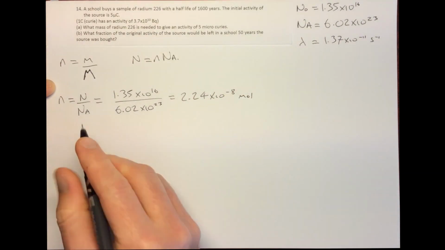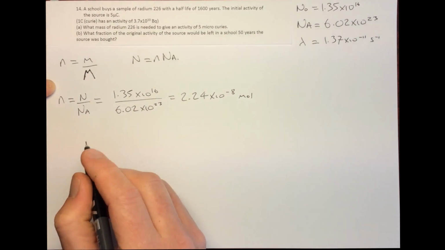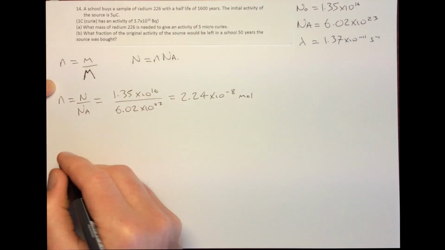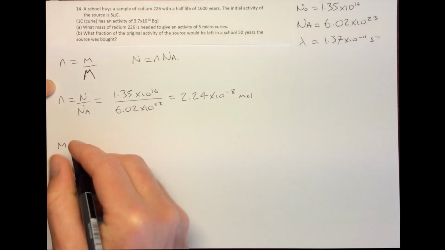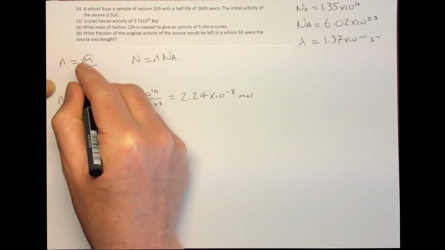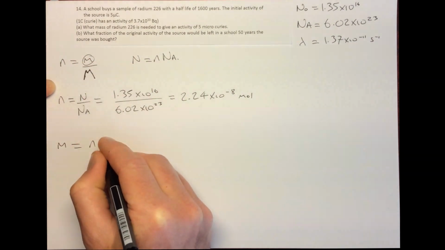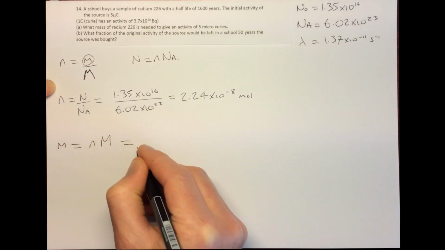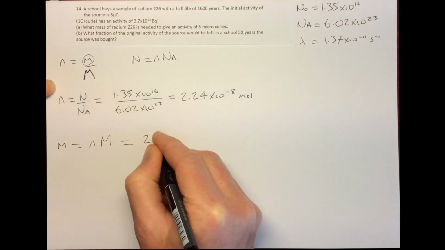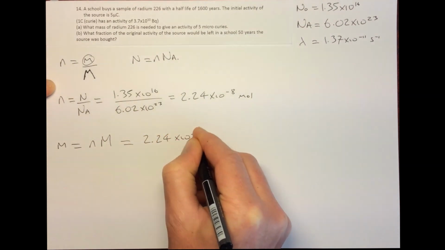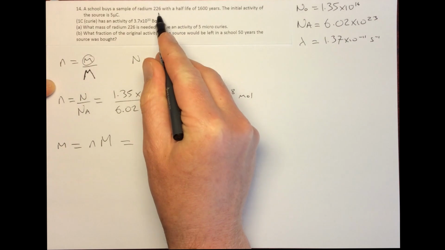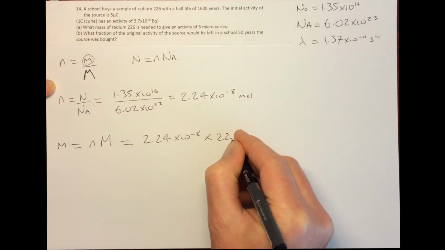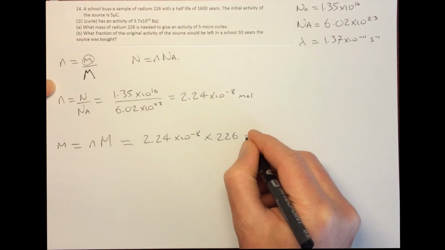Now that we've got the number of moles, you can then use this equation to work out the mass of substance in grams. The mass of substance is equal to the number of moles multiplied by the relative molecular mass or the molar mass. So 2.24 times 10 to the minus 8, and the molar mass is 226 grams per mole.